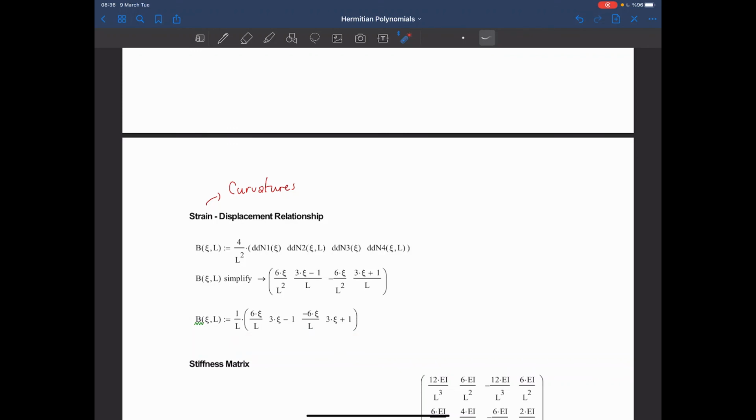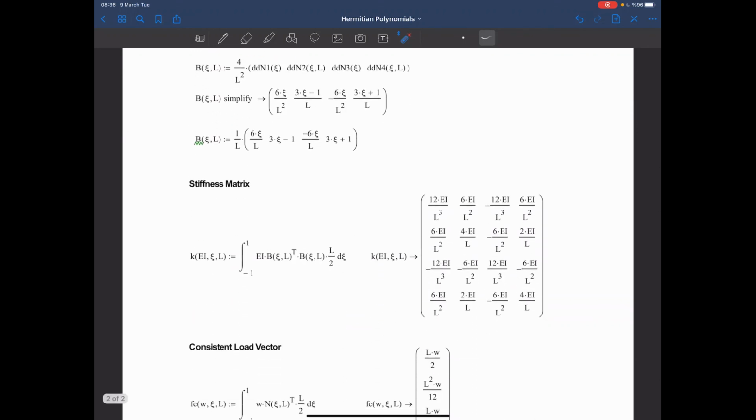Now the stiffness matrix, we already derived the equations for it. So basically it's B transpose multiplied with EI multiplied with B and integrated over the length of the member. So I use natural coordinate system, so it goes from -1 to 1, and this is the conversion from dx to d psi. So when you evaluate that symbolically, as you see, we obtain the stiffness matrix that we obtain by using the stiffness method.